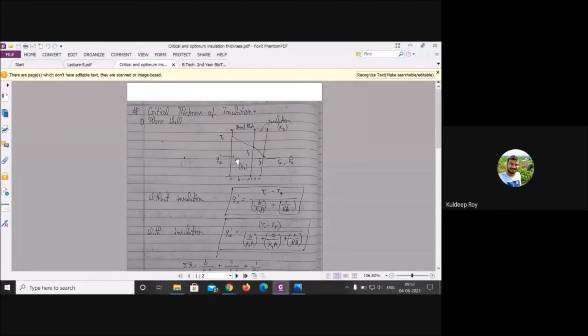It will have some conductivity, and the insulation will have some conductivity. As I already told, the thermal conductivity of glass wool is very low, it was near about 0.03. So we generally choose such kind of material which has lower thermal conductivity.